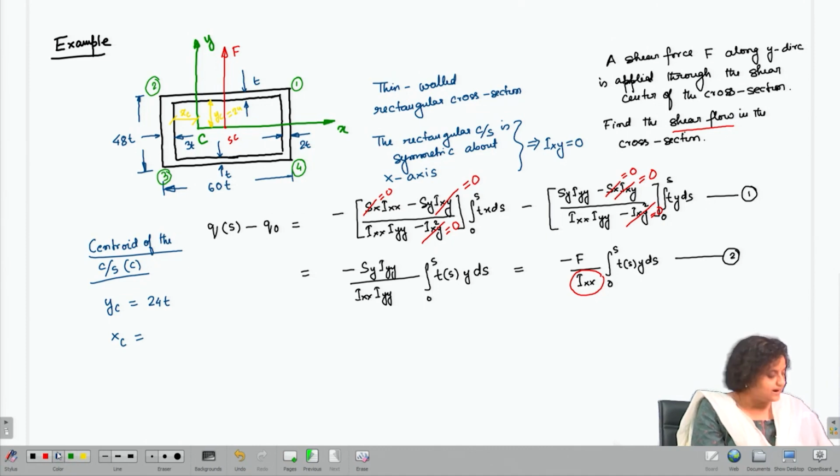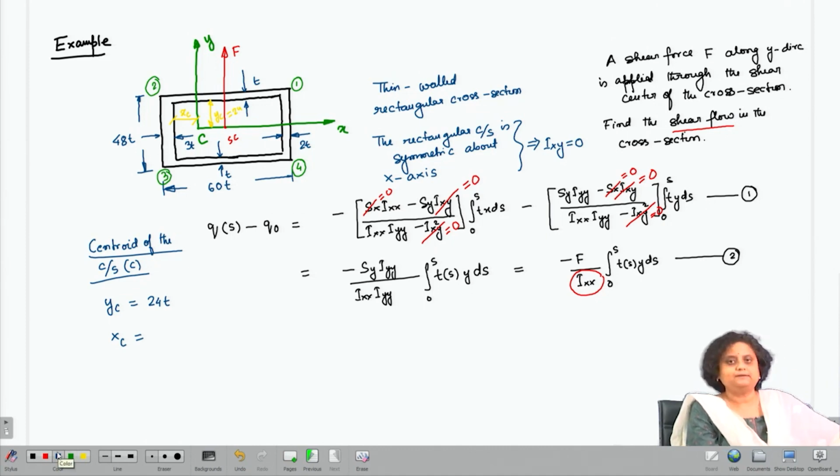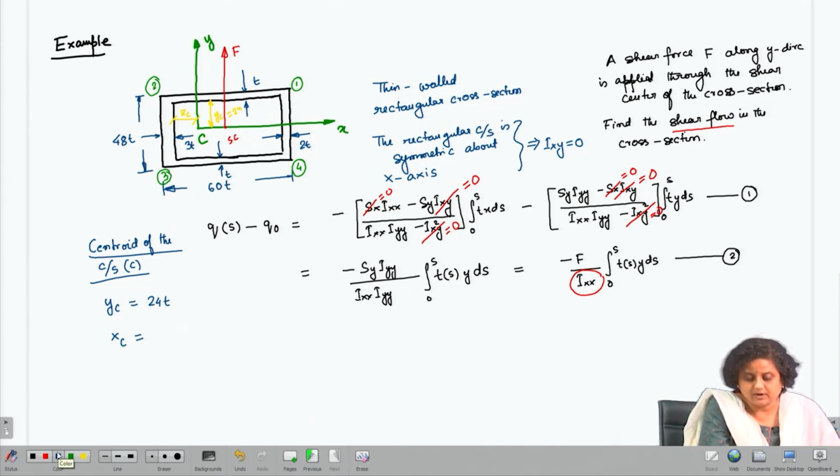Now, when we are finding out x c, because of portion 1 4, it is going to be 48 t into 3 t. I have solved the problem earlier.